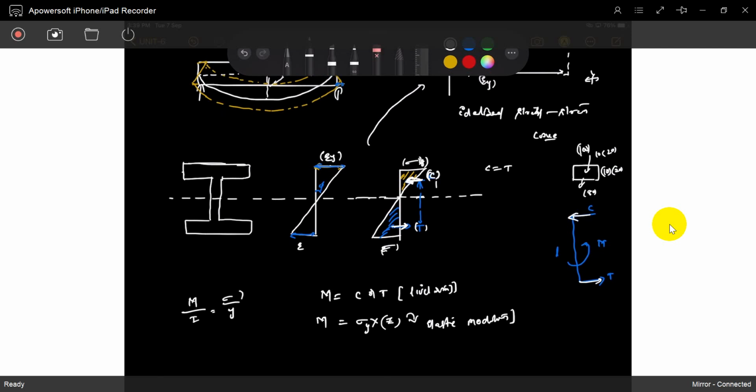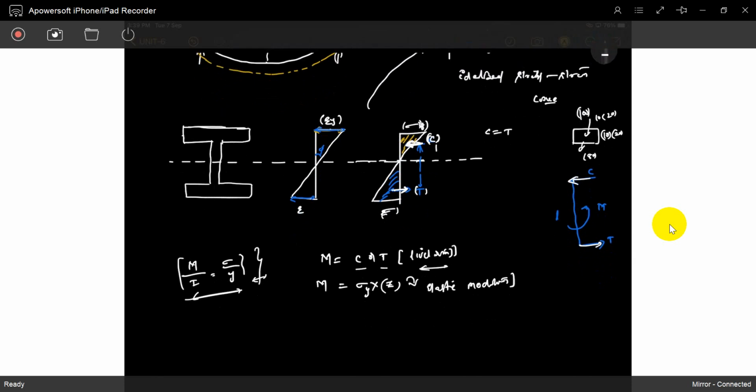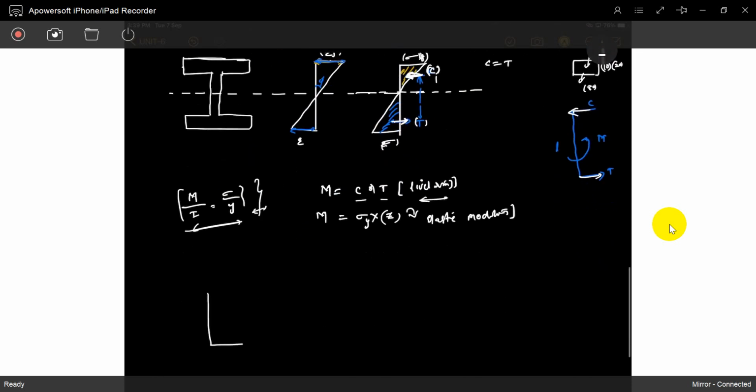But this is not just a formula. Just check it: it is the multiplication of compressive force or tensile force with the lever arm. That is the reality, and this is the formula. If you want proof, I will show you, just observe. Take a rectangular section of width B and total depth D.